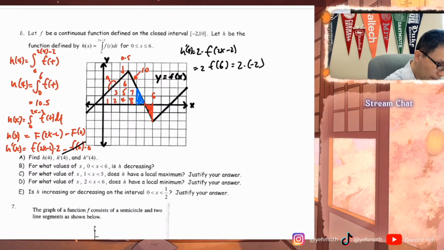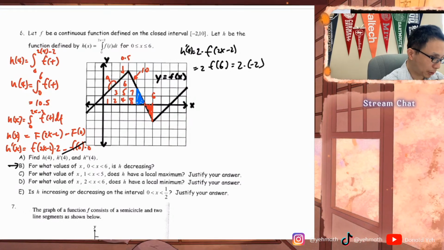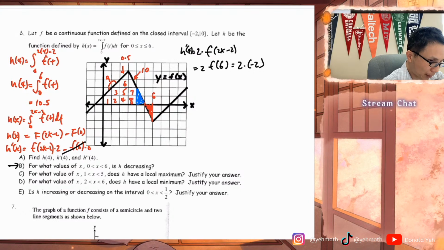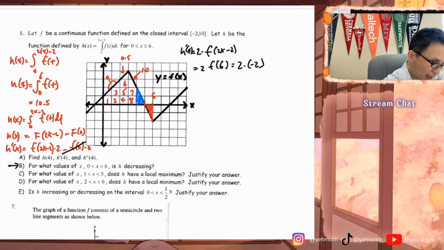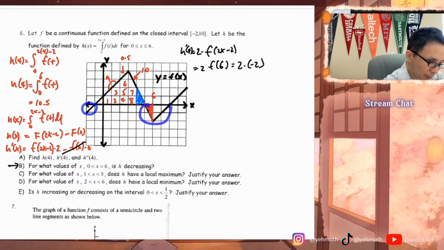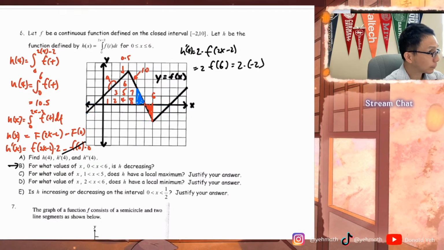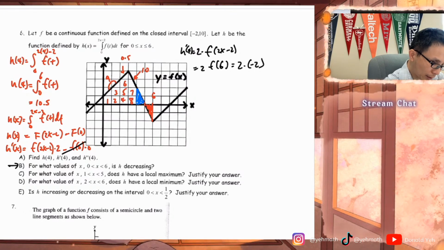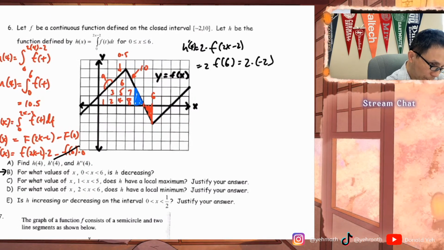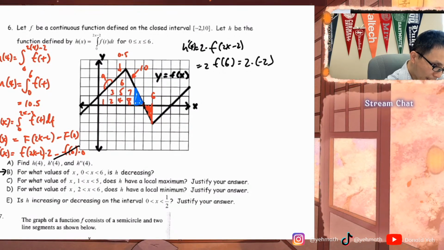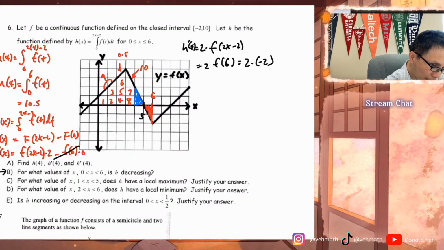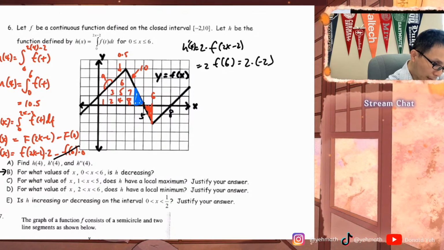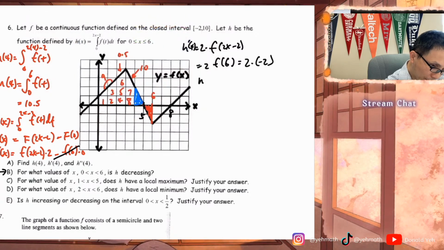It's okay? Okay, so for B, they ask where it's decreasing. Decreasing happens in two regions. One is this region here, and one is this region here. But one of the regions, I don't think it's going to entirely count. But it happens at this point, 5 and 8. Oh, I didn't do h double prime of 4 yet.